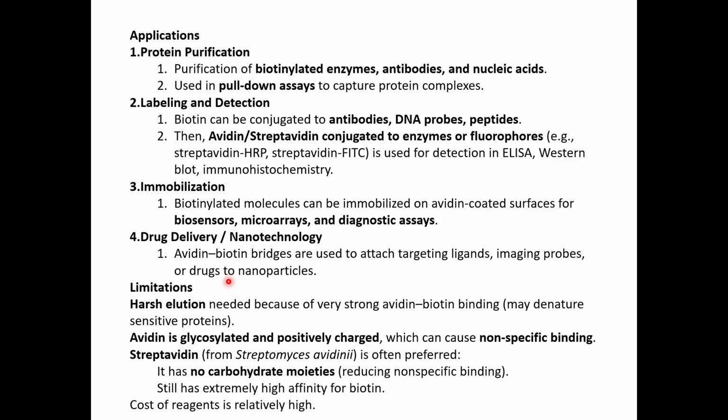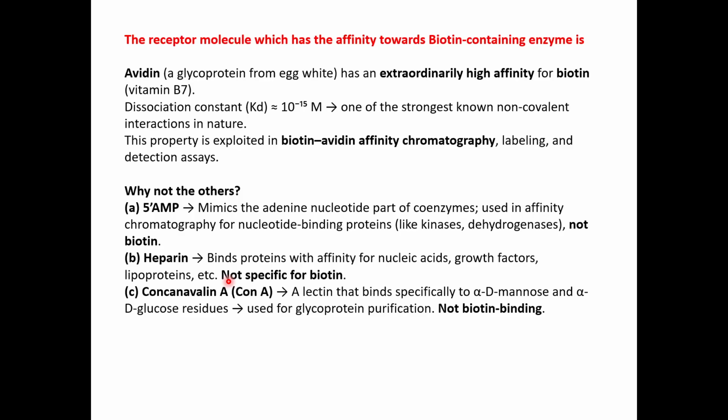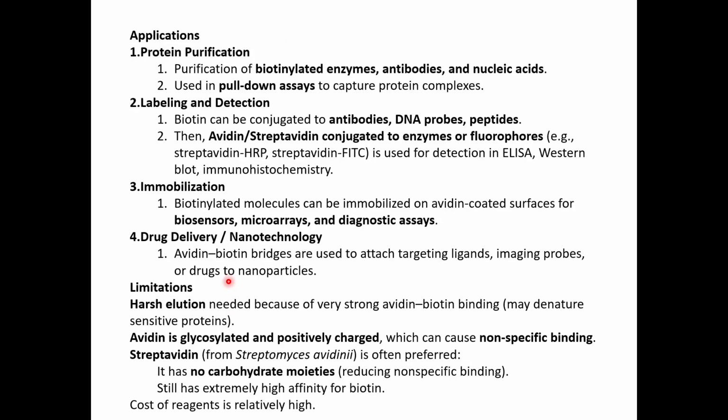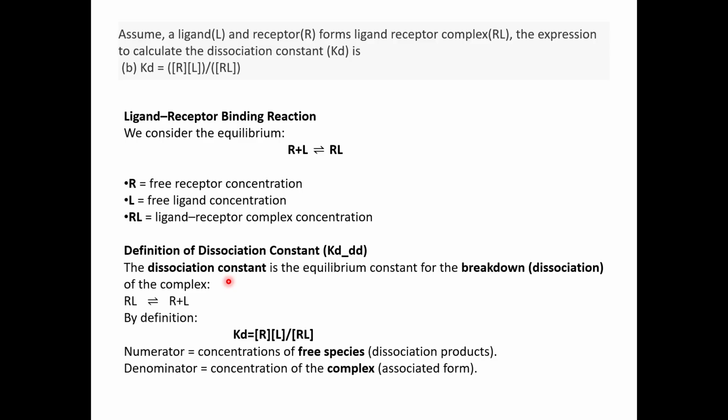Then the cost of these reagents is relatively high. This is definitely there in case of any type of affinity chromatography techniques. This was about biotin and avidin and their applications.